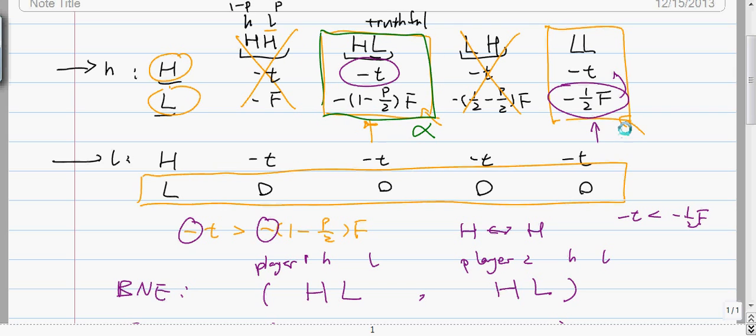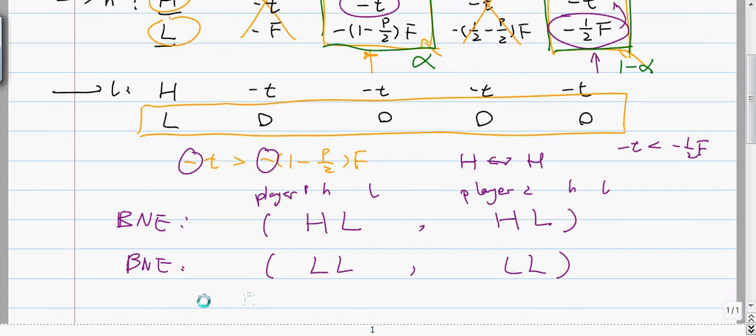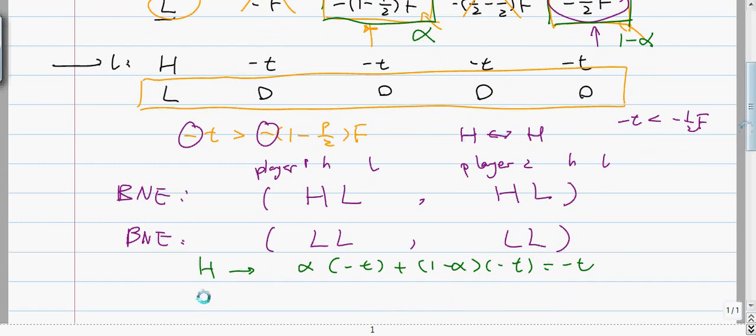Then when deciding, I actually need to calculate the expected payoff. So if I report H, then I will get alpha probability of minus t plus 1 minus alpha probability of minus t, which is still minus t. The other one is a bit complicated. Alpha probability of minus 1 minus half f plus 1 minus alpha probability of minus half f.